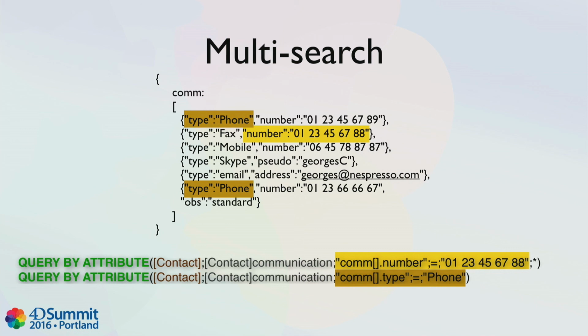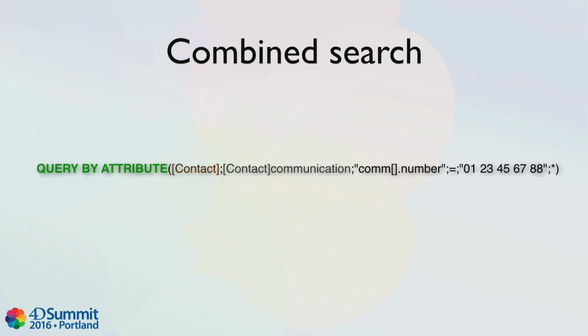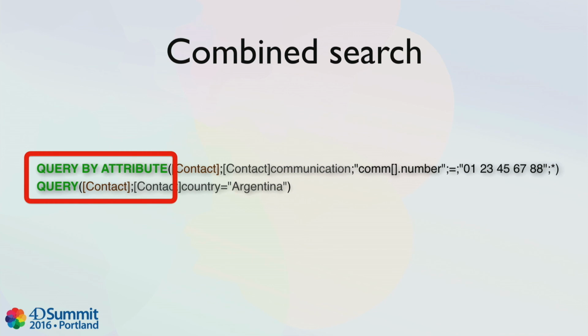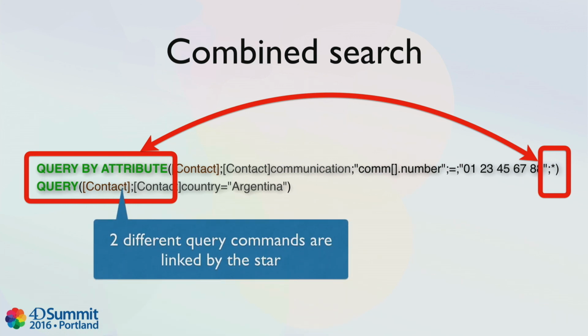Okay. Something really important is combined search. Query by attribute with a star at the end is not finished. On query? Yes, that's possible, to link query by attribute on query with a star.